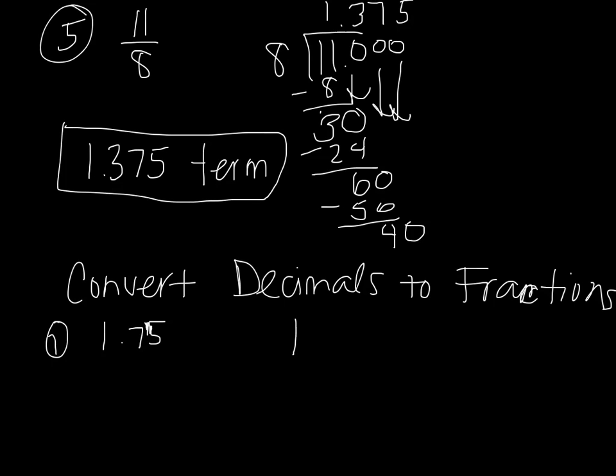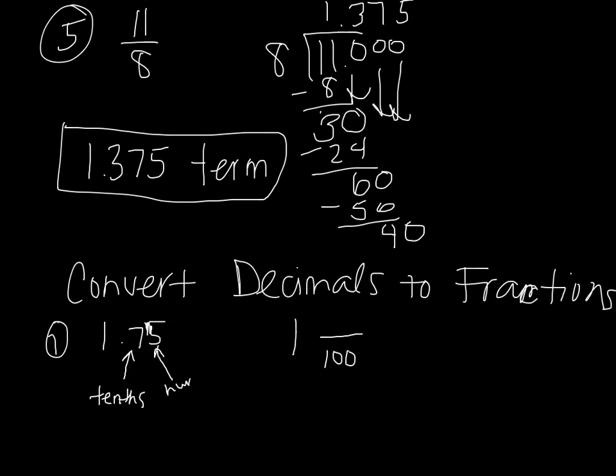And I know that if I were to say this fraction out, I would say it 1 and 75 hundredths. So in my fraction, I know I can already put it over 100 because it's 75 hundredths. This is the tenths.